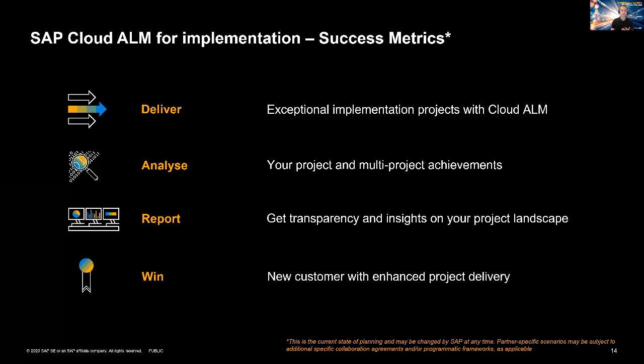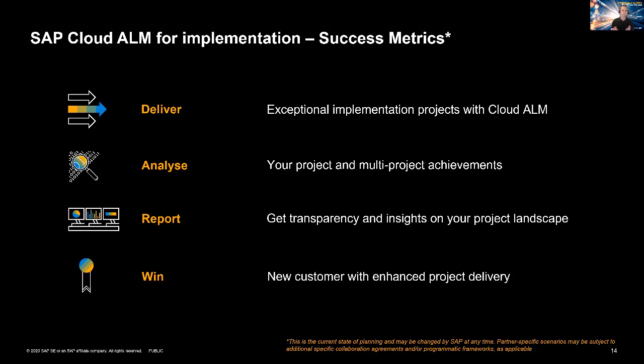So here are some functionalities we are thinking about at the moment in the area of the success metrics. First, we are thinking about an overview dashboard for the whole project landscape, with real-time analytics behind it, showing you the most relevant KPIs for your entire project landscape. So you get full transparency.